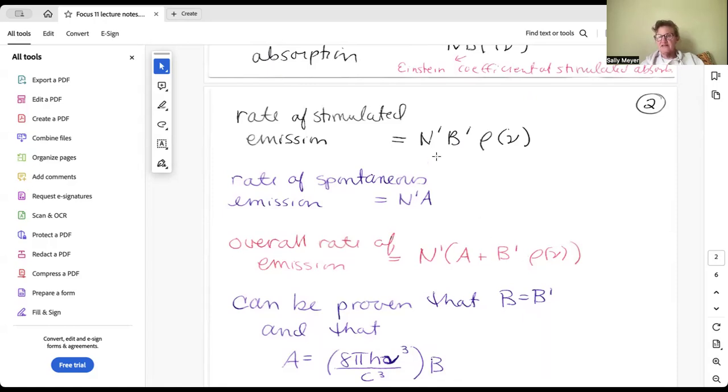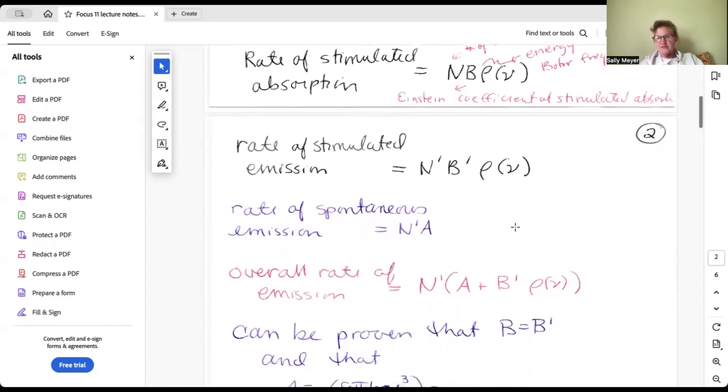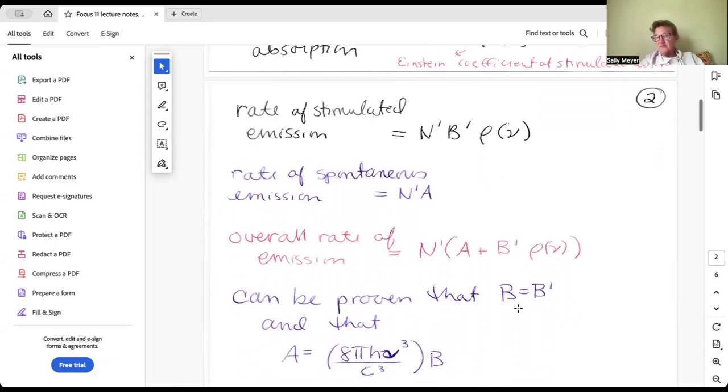So we're just combining these two equations. And it can be proven that the B's, so for both emission and absorption, so B, the coefficient of stimulated absorption, and B prime for stimulated emission, those are going to be the same.